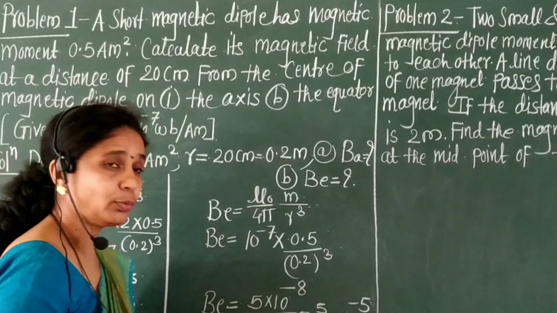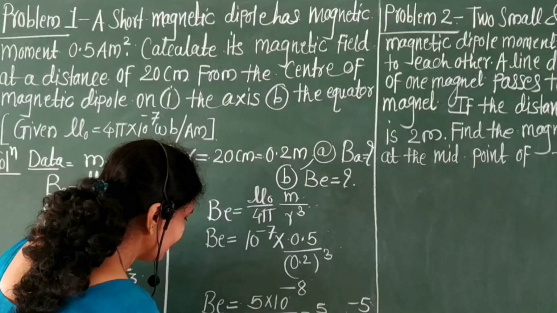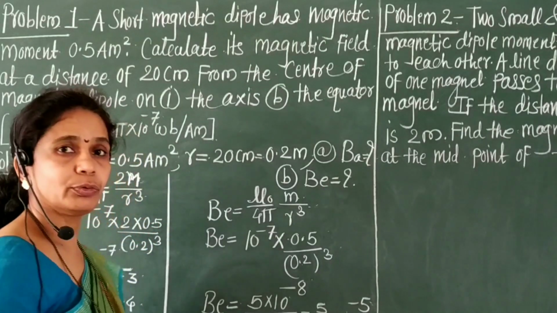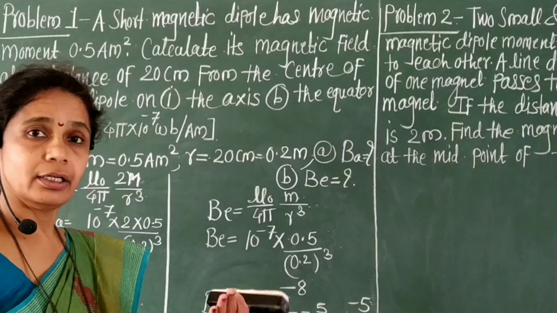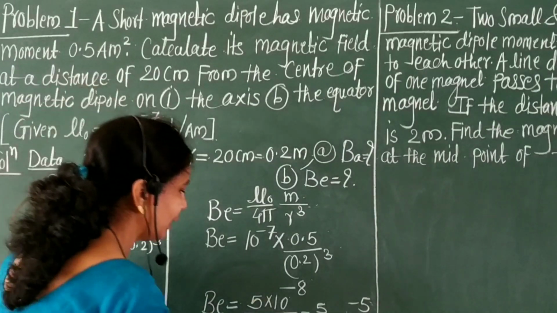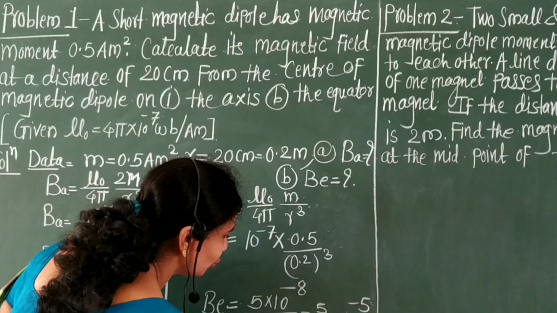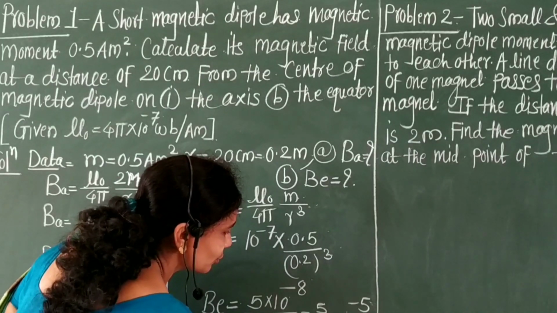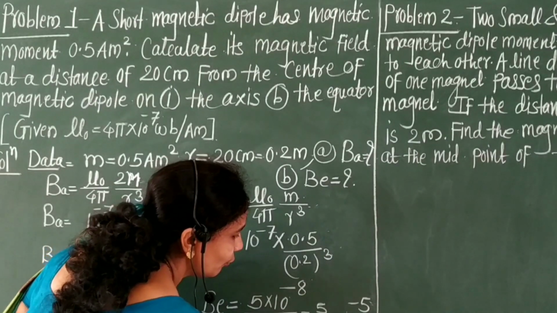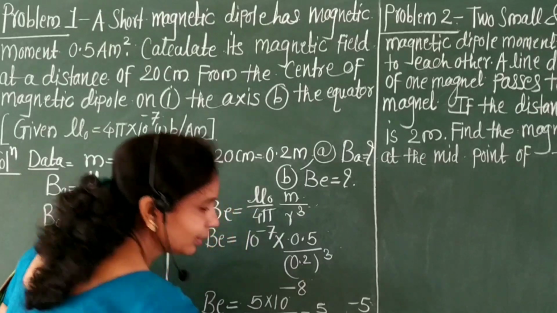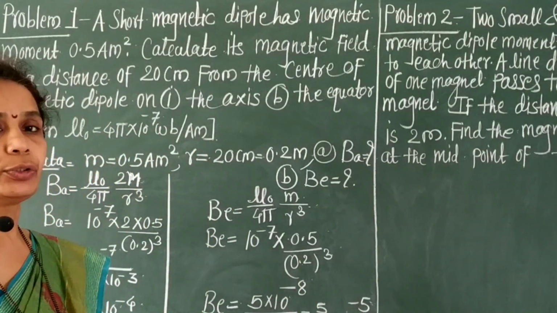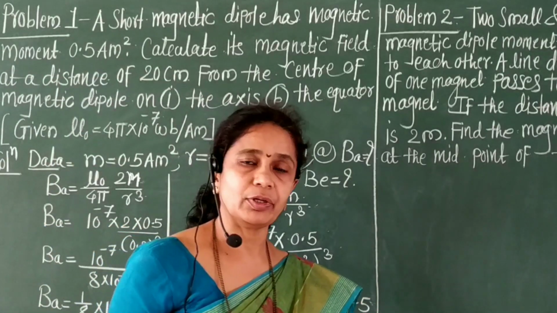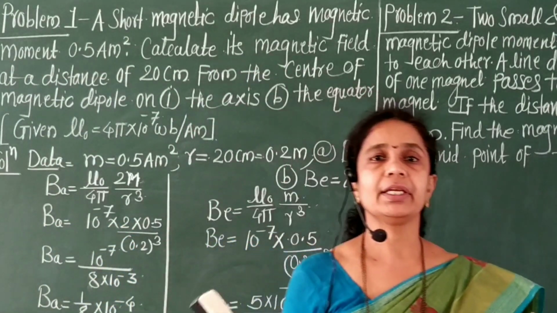Okay, this 5 by 8 is BE is equal to the, if you do the division and complete it, you obtain the equation 5 by 8 is 0.625 into 10 raised to minus 5 Weber per meter square. Or you can easily use the relation between BA and BE.